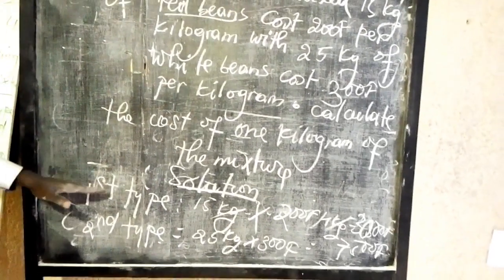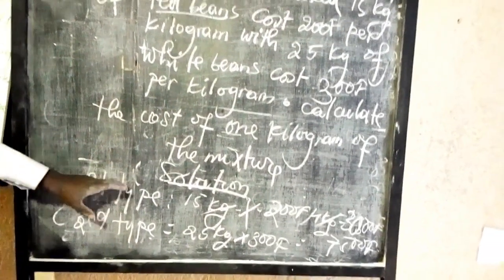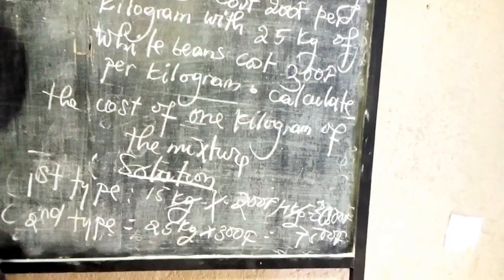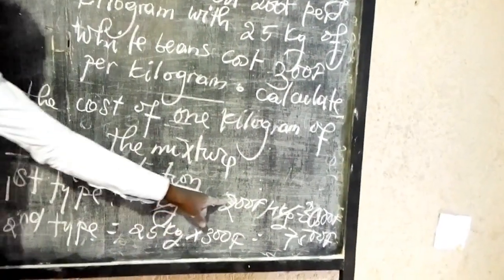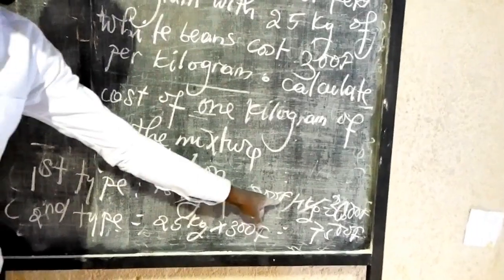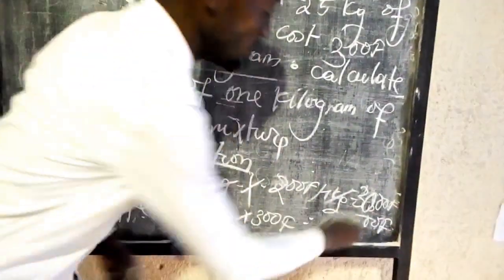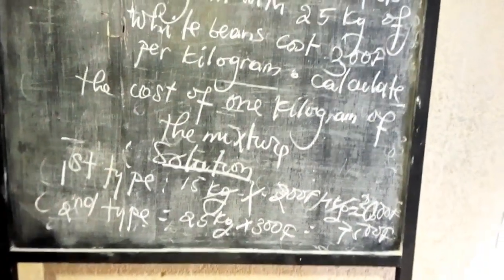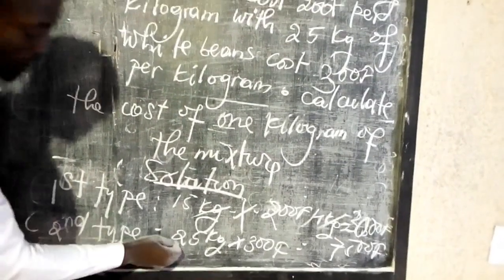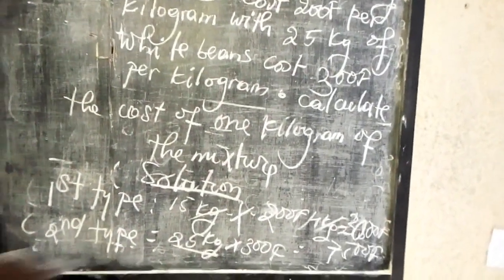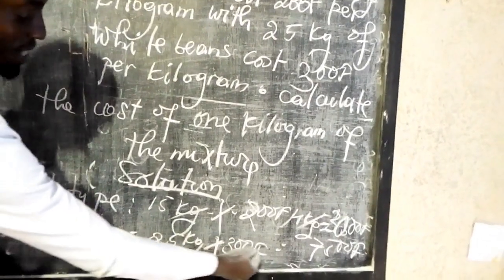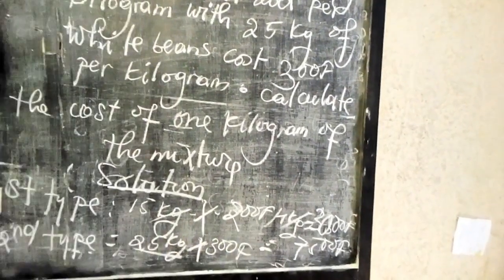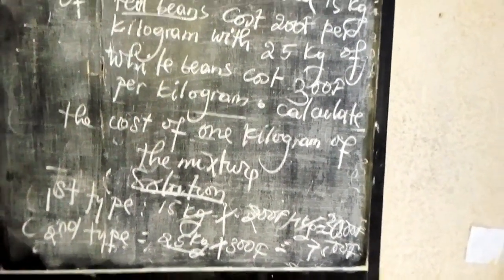You see that on our blackboard, we have the total cost of the first type: the mass of the first type was 15 kilograms, and we multiply by the unit price of 1 kilogram, which is 200 francs, and the total cost of them is equal to 3,000. Then for the second type, the mass of the second type is 25 kilograms, but we multiply by the unit price of the second type, which is 300. The answer we get is 7,500.